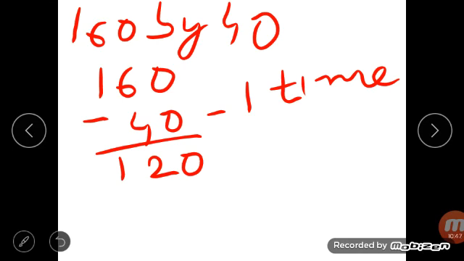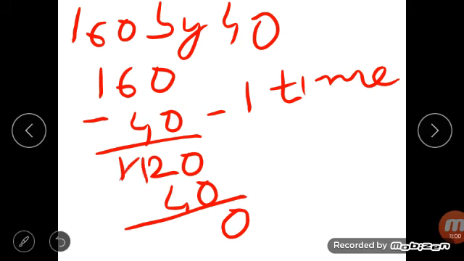Okay. Now again you have to write properly. The teacher is writing with fingers, so it is quite difficult. Now 0 minus 0, 0. 2 minus 4, you can't do, so you have to borrow from here. That will be 12. 12 minus 4 is 8. You will get 80. Clear?